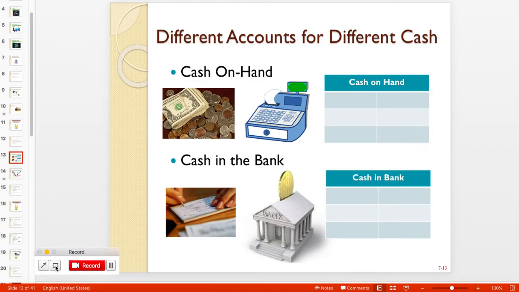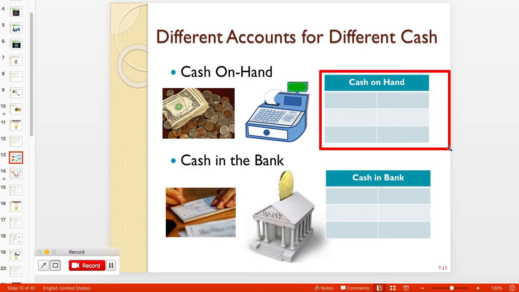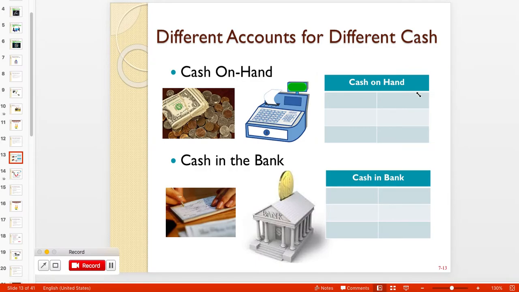But a company can also have cash in other places, for example, in the bank. So we have different accounts depending on the different types of cash we're talking about. We have an account for cash on hand, and in this account we record all the cash that came in from customers and all the cash that went out, like if we give our customers change.